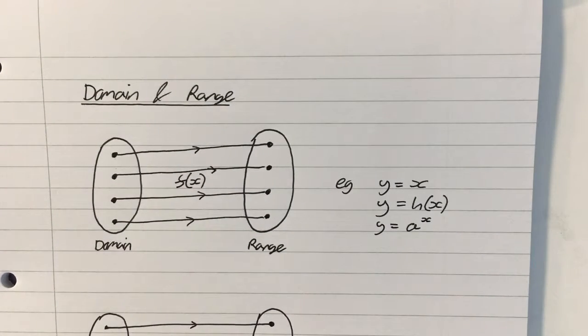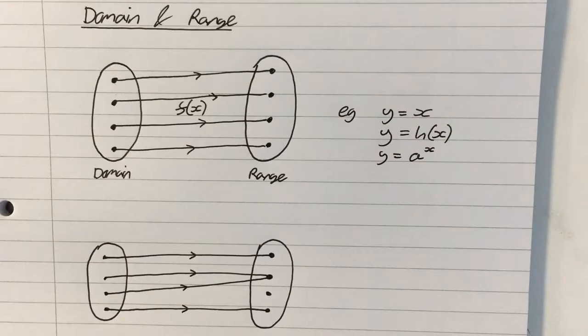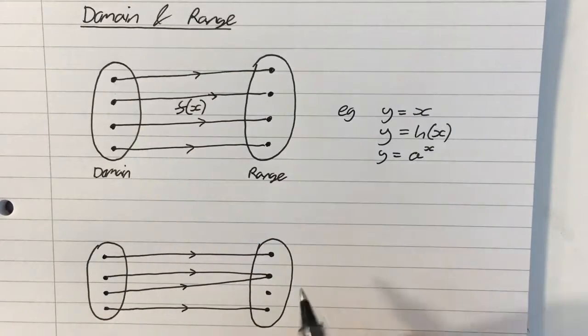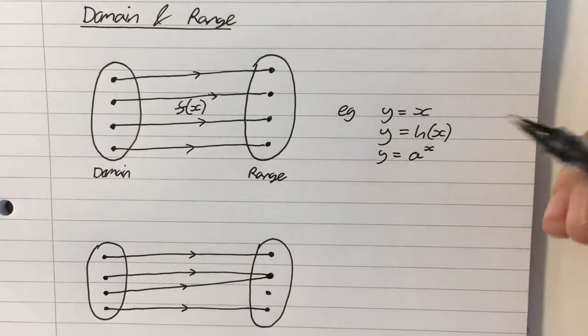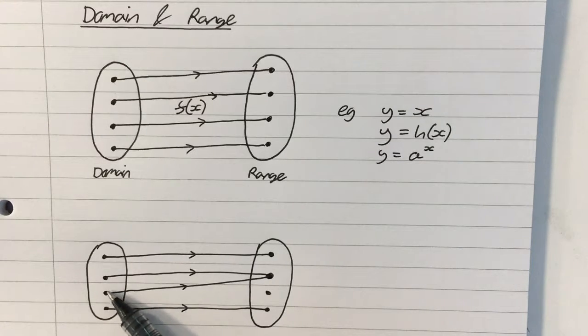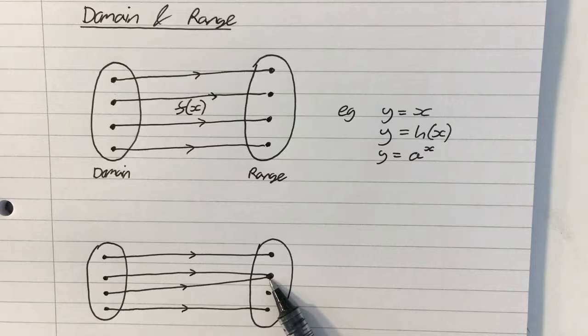But there are different types of functions. So there's this one. Here we can see that there are two different values in the domain that go to the same value in the range. So if you think of the graph of y equals x squared, I could have -2 and +2 that both go to the number 4.